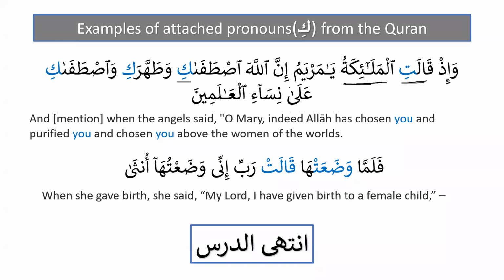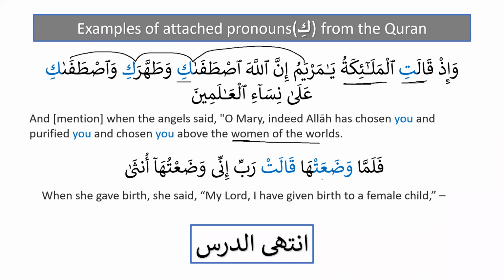Because the address is to Maryam alayhi salam, the attached pronoun that has been used is ki, over here and over here. And mention when the angels said, "O Mary, indeed Allah has chosen you and purified you and chosen you above the women of the worlds." That is the honor of Maryam alayhi salam.